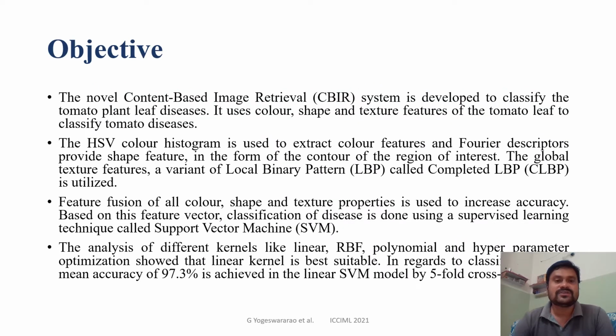The main objective is that a novel content-based image retrieval system is developed to classify tomato leaf diseases. It uses the contents: color, shape, and texture features of the particular tomato leaf, and classifies based on the tomato leaf disease data set.